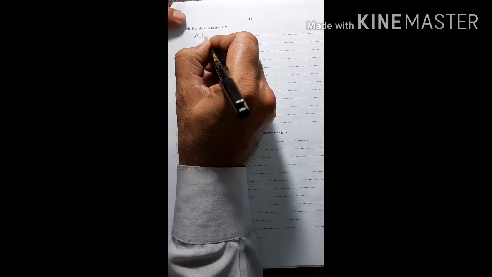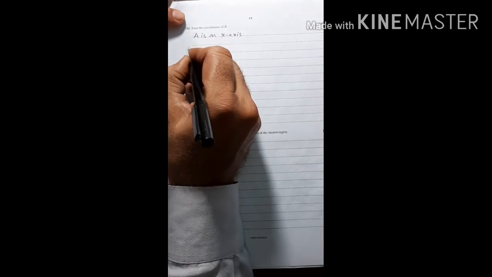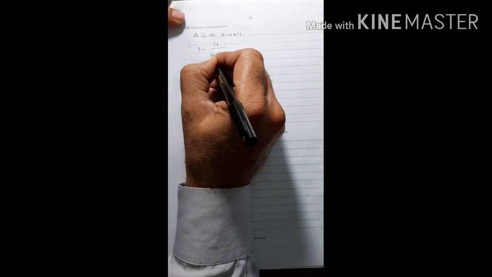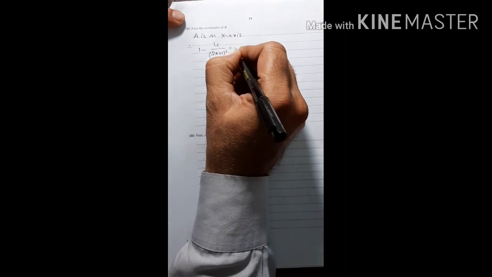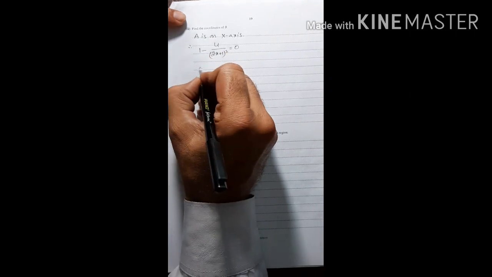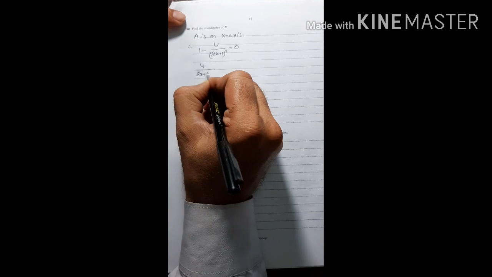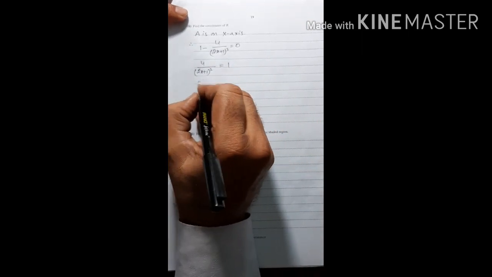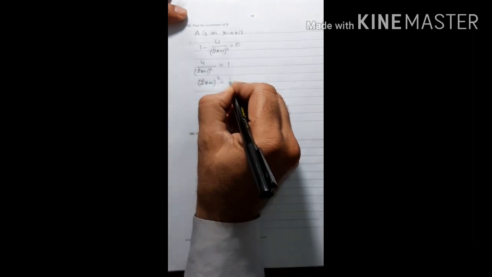As A is on x-axis, therefore 1 minus 4 over 2x plus 1 whole square is equal to 0, because y is always 0. Now it becomes 4 over 2x plus 1 whole square is equal to 1. By cross multiplying, it becomes 2x plus 1 whole square is equal to 4.